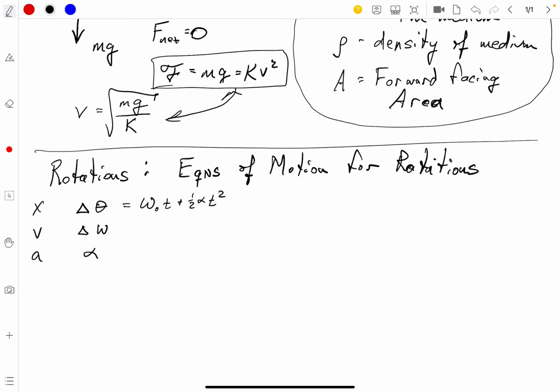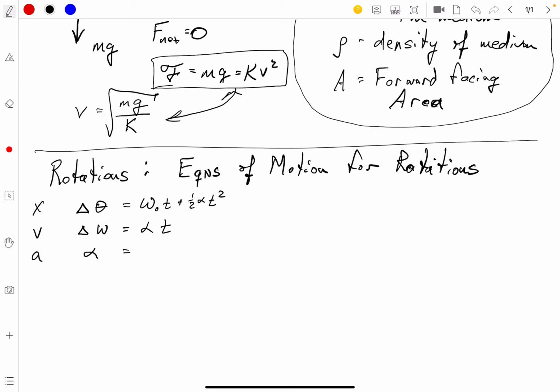If there is no alpha, then you're just left with omega t. Great, that's easy. Delta omega is equal to alpha t, and alpha is given or you're trying to find it.